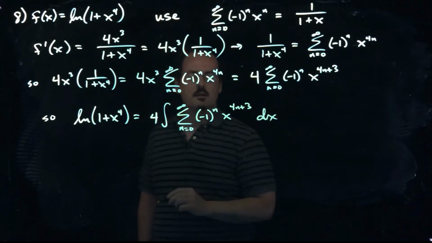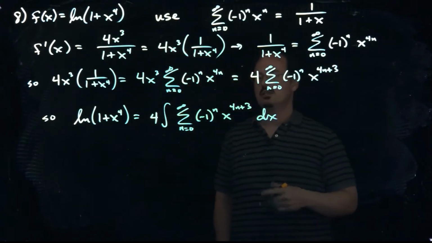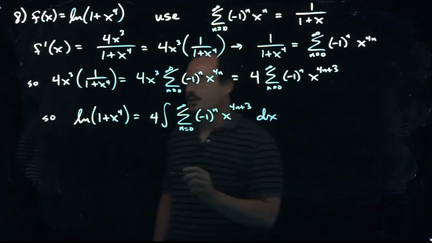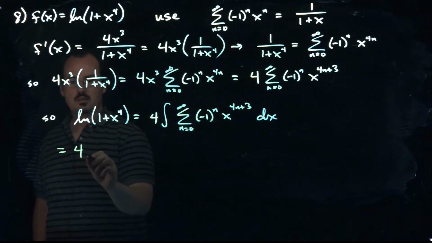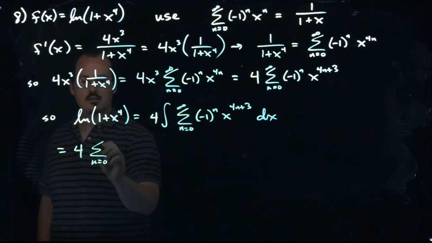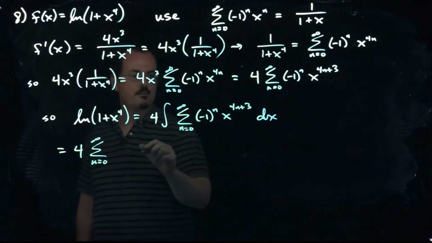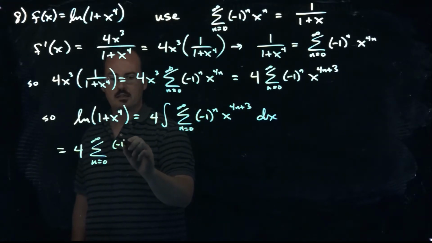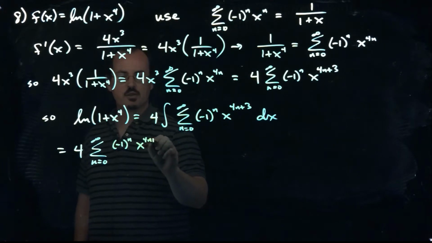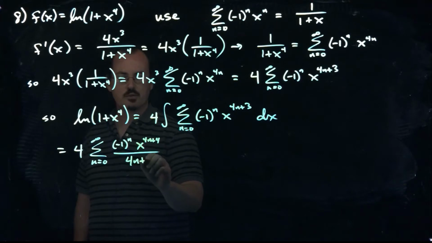Remembering that when we integrate a power series, this is just a polynomial, so we can simply use the power rule to do that. The antiderivative of that thing: we'll get minus 1 to the n, raise the exponent by 1, so we get x to the power of 4n plus 4. Then we divide by what we have in the exponent, so 4n plus 4.